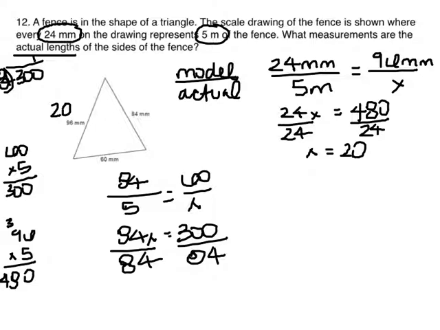Sorry guys, I'm thinking, 300 divided by 84. So about 3 times 84.